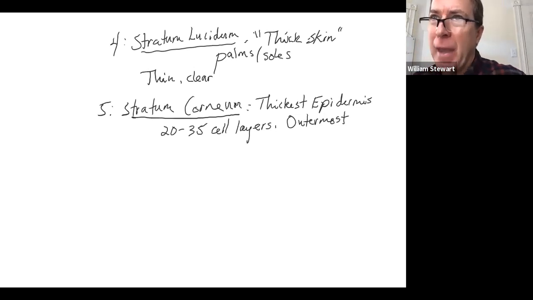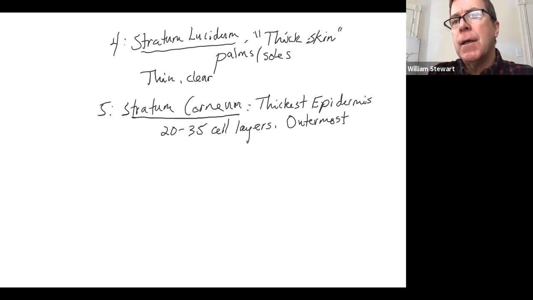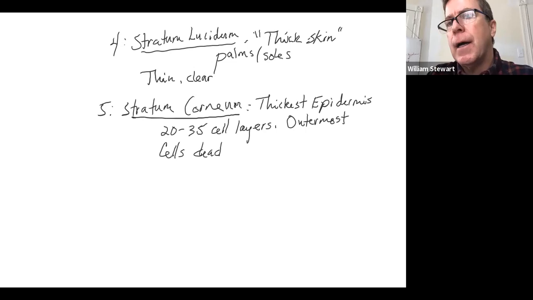And it's the basal stem cells down in the stratum basale that are constantly cranking out new cells that help replace the layers that slough off on a daily basis. All of the cells are dead, highly keratinized keratinocytes by this stage.